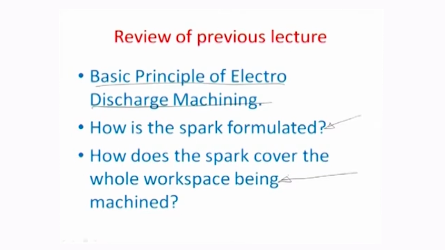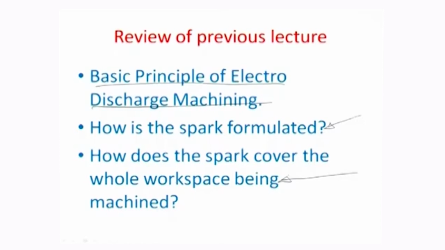So, the whole idea is that it's a dynamic process where the spark traverses over different such distances of close proximity between the workpiece and the tool, and covers the whole surface in turn and melts the whole surface, so that there is a uniform machining layer by layer of the workpiece surface in question.